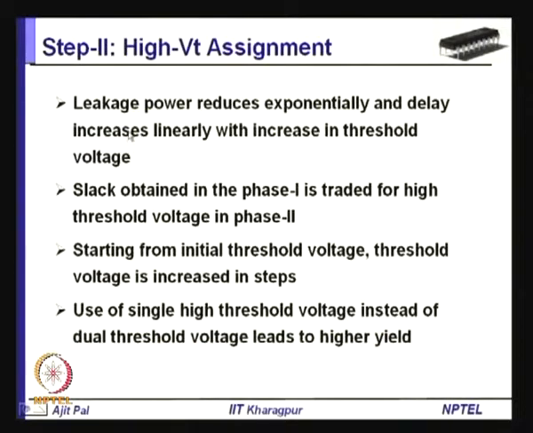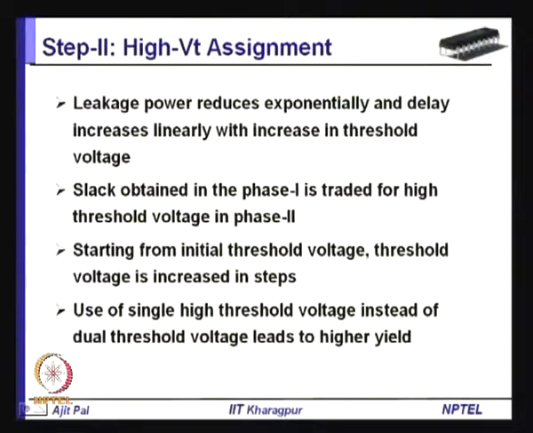Now, let us go to step 2, where, as you know, leakage power reduces exponentially and delay increases linearly with increase in threshold voltage. So, slack obtained in phase 1 is traded for high threshold voltage in phase 2. What is being done in this case? By upsizing, we have achieved some slack, that means reduction in delay.